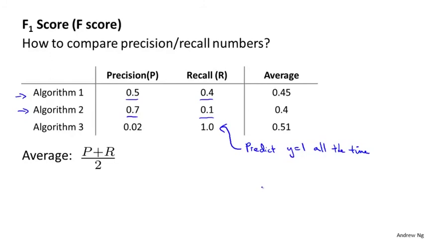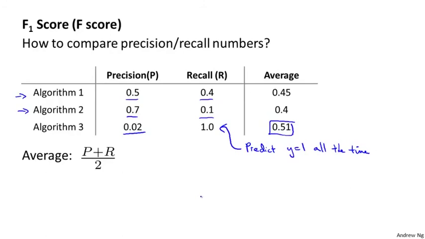So neither extreme, a very high threshold or a very low threshold, would give a particularly good classifier. And the way we recognize that is by seeing that we end up with a very low precision or a very low recall. And if you just take the average, (P plus R) over 2, well, in this example, the average is actually highest for algorithm 3, even though you get that sort of performance by predicting y equals 1 all the time.